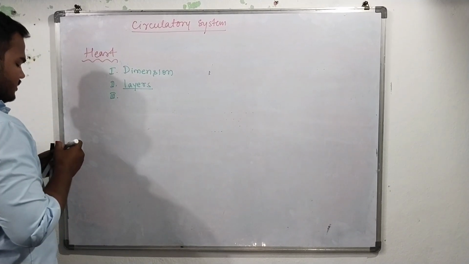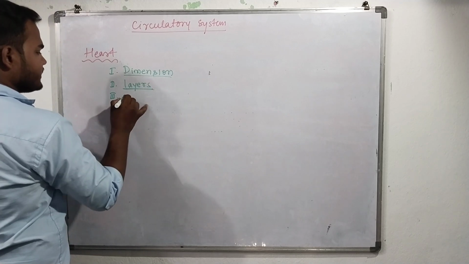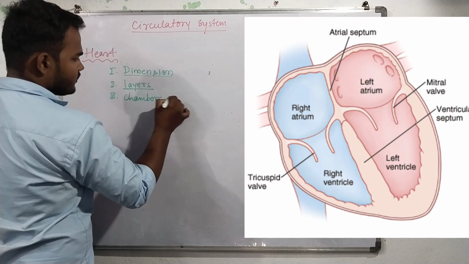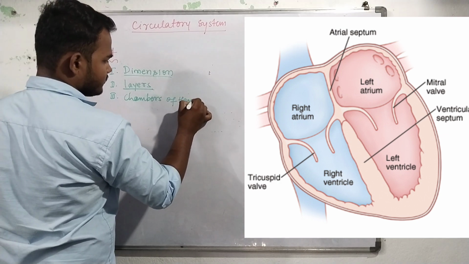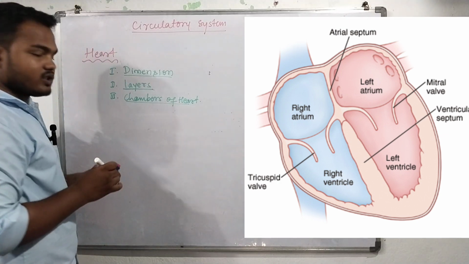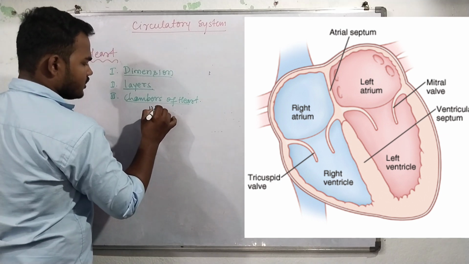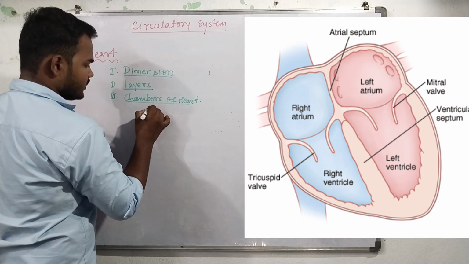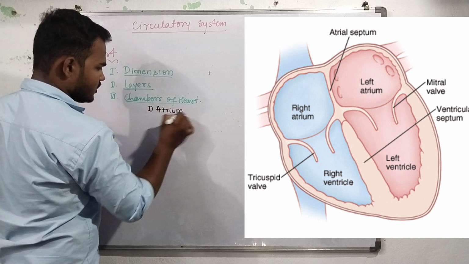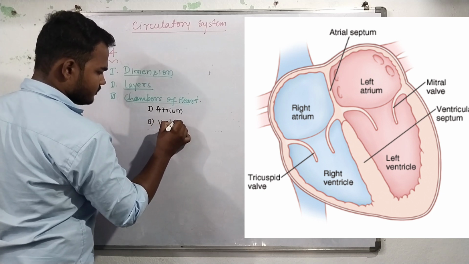Next is, dimension is completed, layers is completed, and third is chambers of the heart. Okay, there are basically four chambers of the heart. First there is atrium and ventricle.